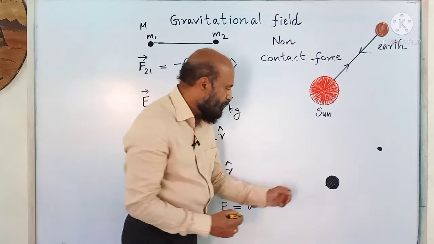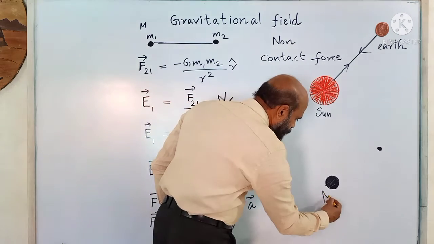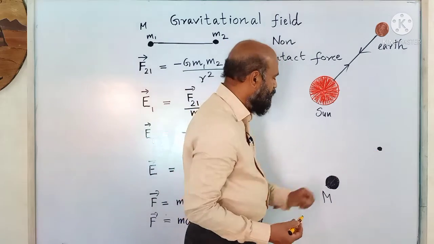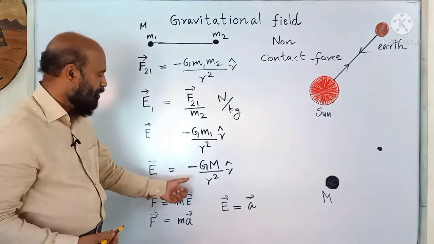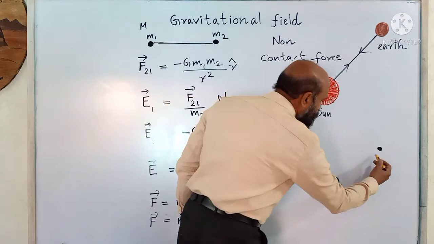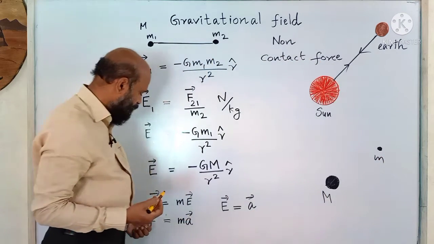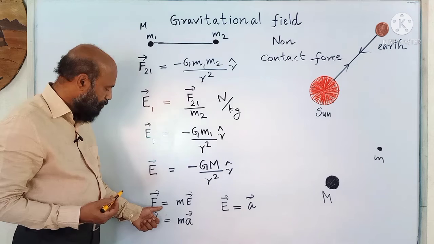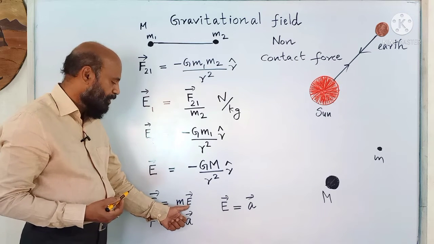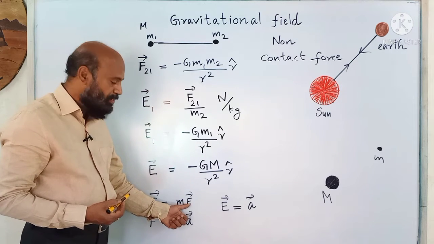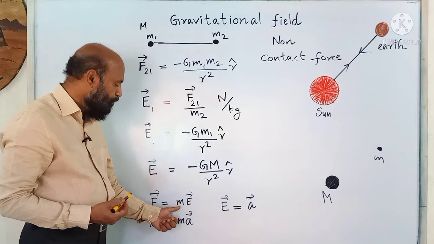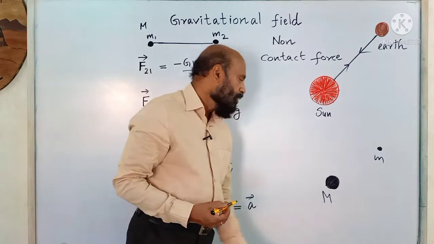Now here there is a mass capital M and the intensity at this point is given by this relation. So the force experienced by this mass is given by F vector equal to m times E, where E is the intensity. Intensity is the force per unit mass. So the mass kept is m.